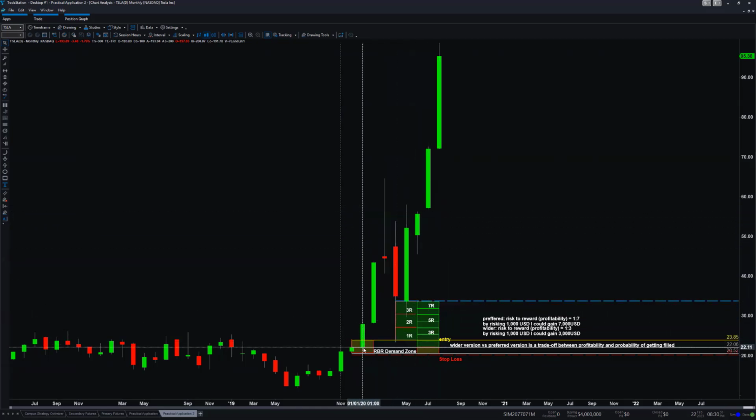And another very important key takeaway here is, as I'm looking at the monthly time frame, the higher the time frame, the more likely it is for you to find unfilled orders. The higher the time frame, the more institutions and the more buying power it will take to move the market.